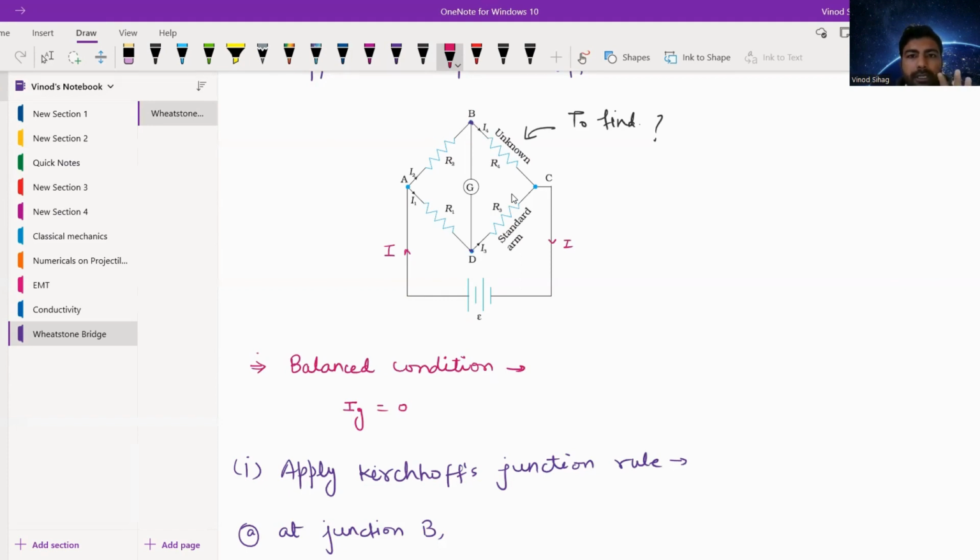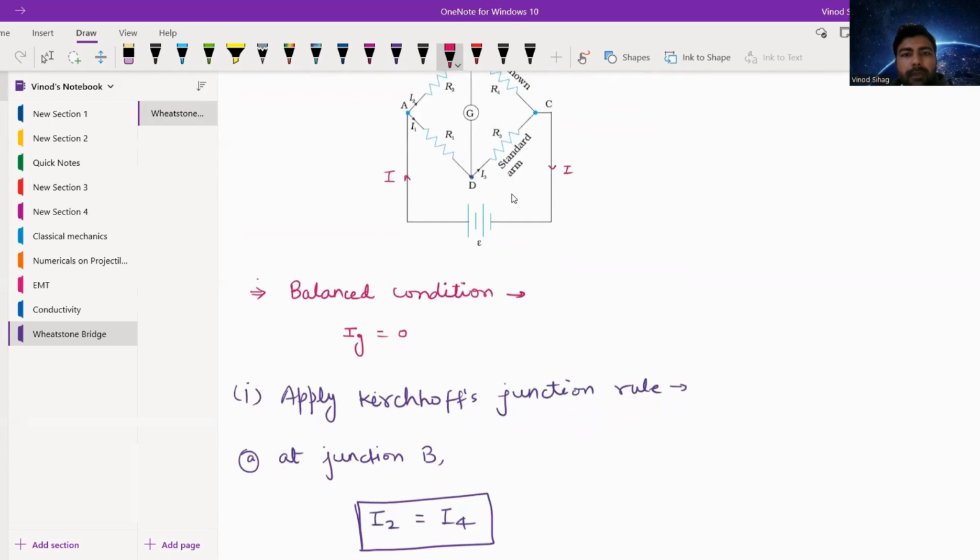We put that in the unknown arm, and then we vary the value of R3, and when the galvanometer shows zero deflection, like the needle will be in the vertical position, that time there will be the condition of null deflection, and we can find out the value of the unknown resistor.